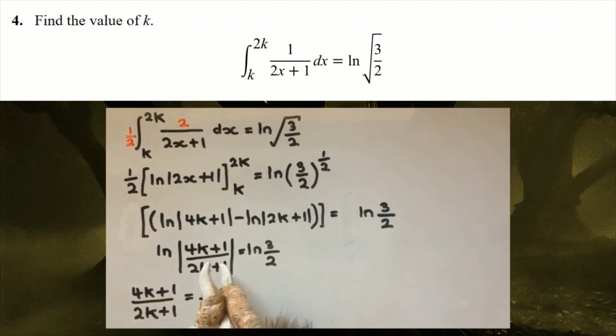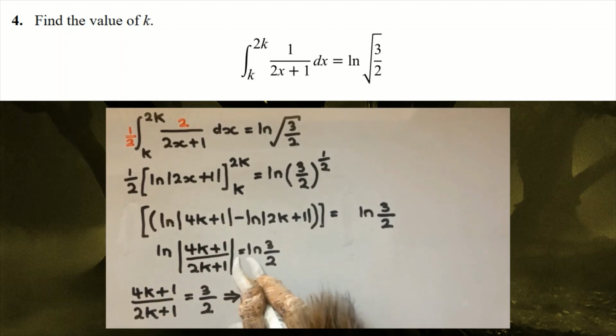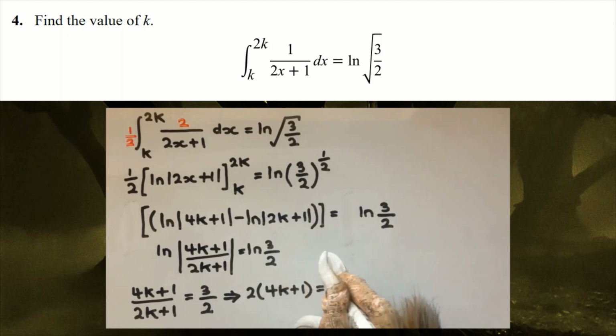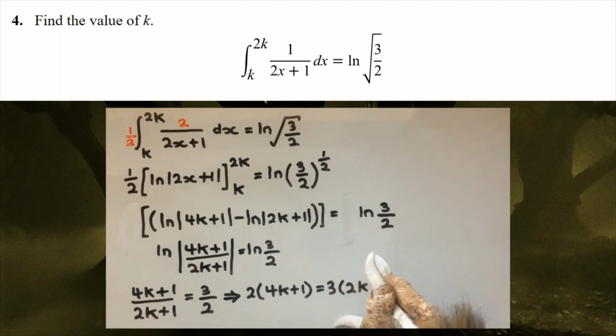Okay, let's use implication. Well, how can we do this? Let's rearrange it. Let's get rid of the fractions. So we're going to have 2 lots of 4k plus 1 equal to 3 lots of 2k plus 1 also. Right. Expand, simplify, collect like terms and solve essentially.